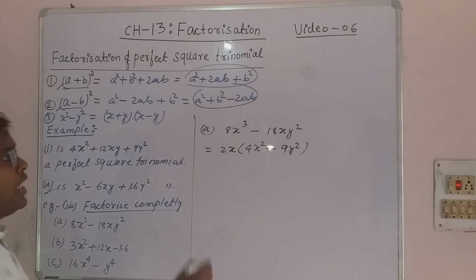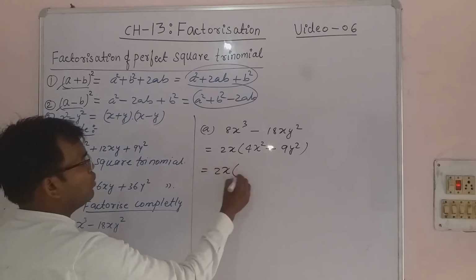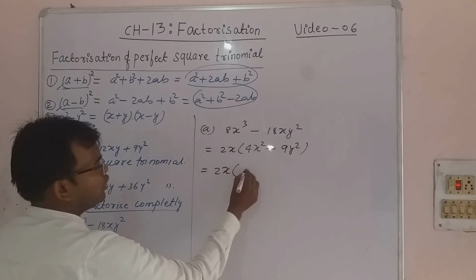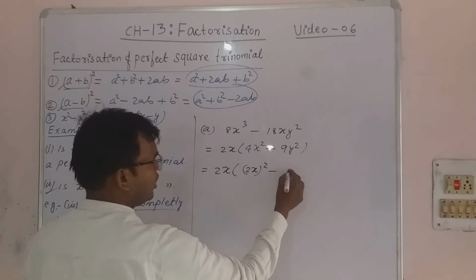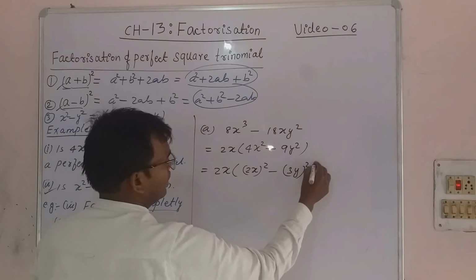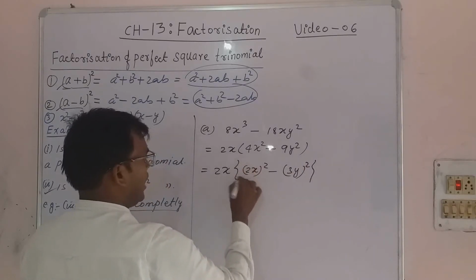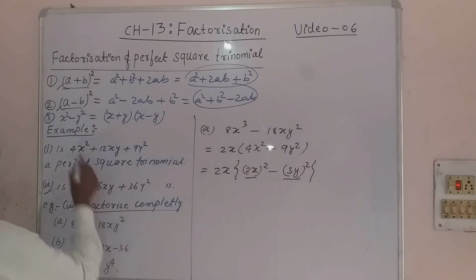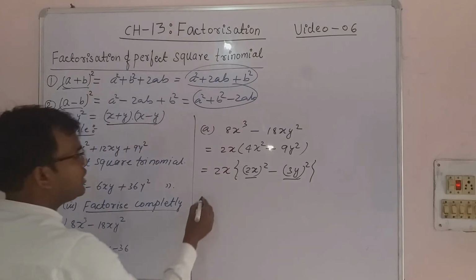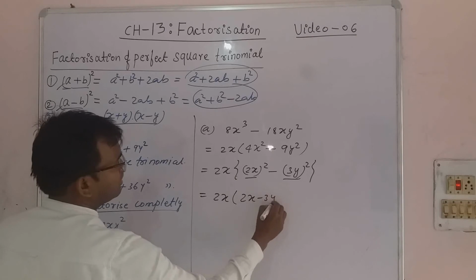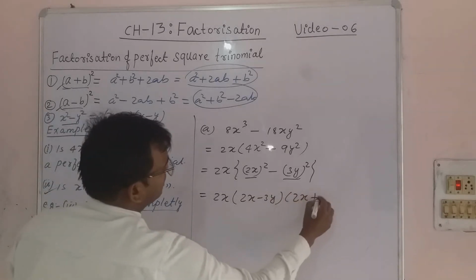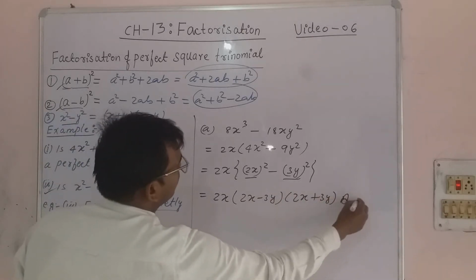After that, 4x square you may write (2x) whole square, and 9y square you may write (3y) whole square. Apply the a square minus b square formula and write in this form. So 2x times (2x minus 3y) and (2x plus 3y), this is your answer.